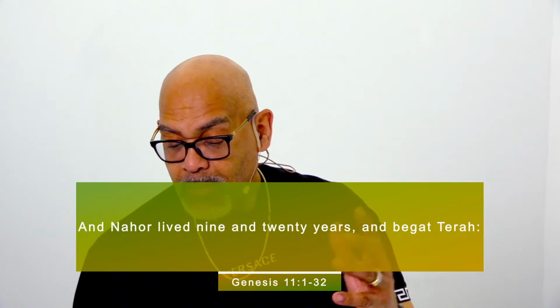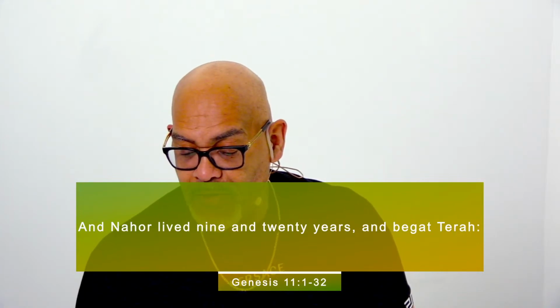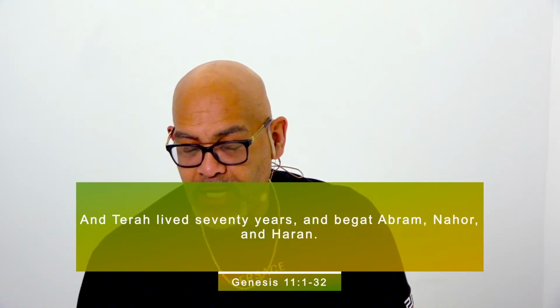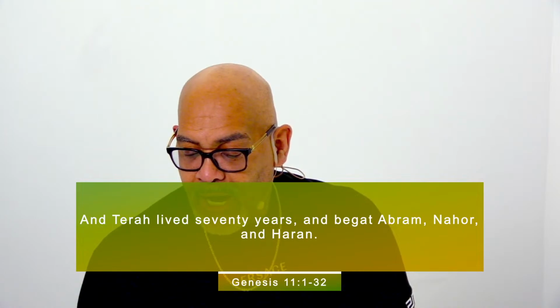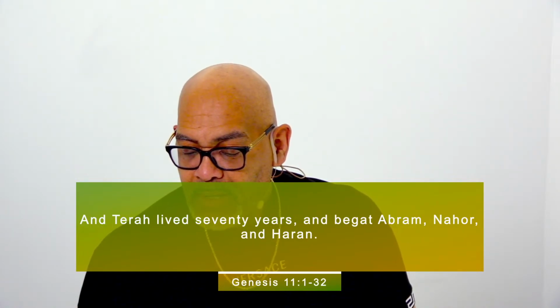Terah, then, of course, is the father of Abraham. Let's read further down. And Nahor lived after he begot Terah 119 years, and begot sons and daughters. And Terah lived 70 years. Now look at his age, 70 years, and he begot Abraham, Nahor, and Haran. Now you see Nahor again.